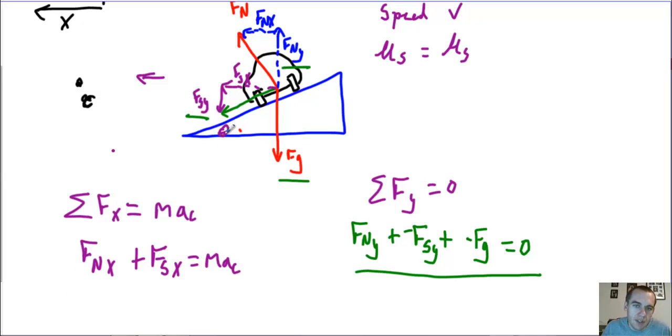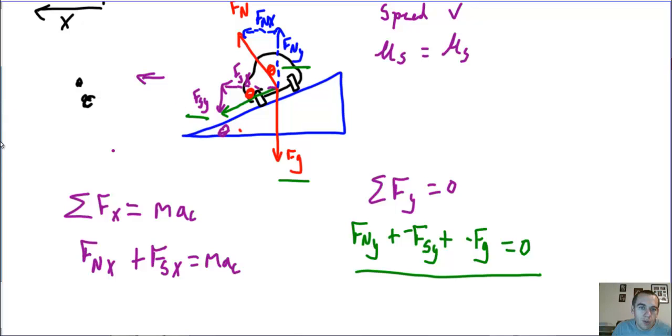So remember, if this angle right here is the angle theta, then it turns out this angle up here is also the angle theta, and this angle right here for the static friction is also theta. That means you've got to pay attention to sine and cosine and what's going on.